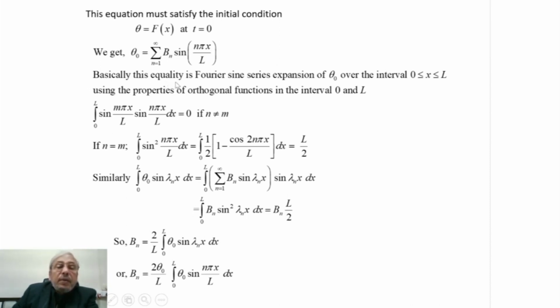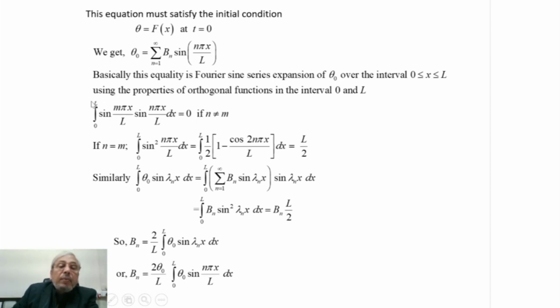Basically, this equality is a Fourier sine series. We can very clearly see the sine series expansion of theta over the interval x greater than 0 and less than L, using the properties of orthogonal functions in the interval 0 to L. Which means between 0 and L, the integral of sin m pi x by L into sin n pi x by L dx equals 0 if n not equal to m.